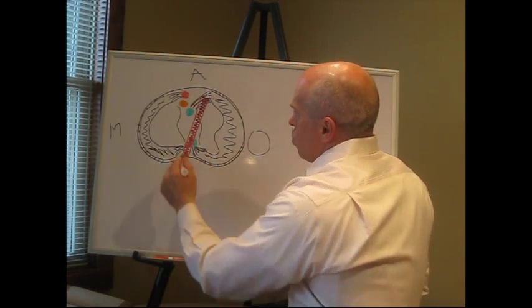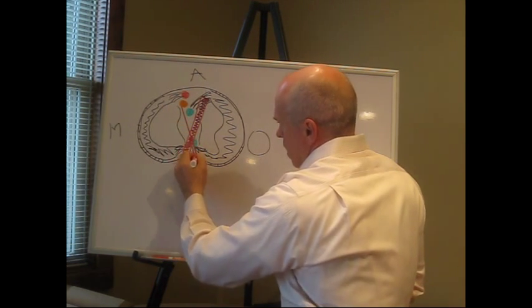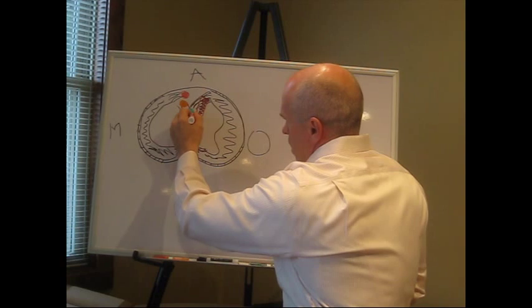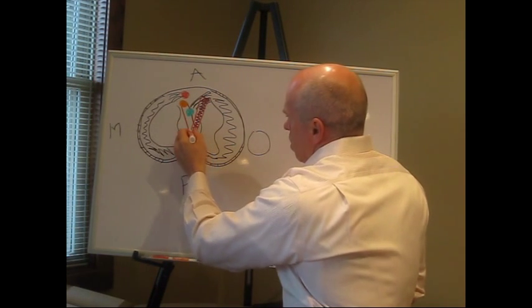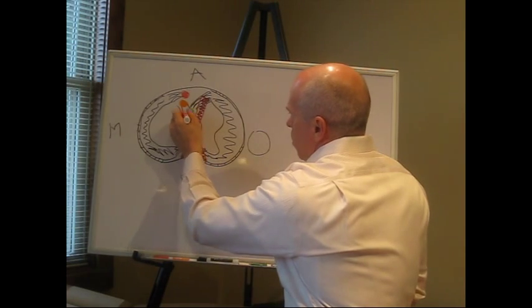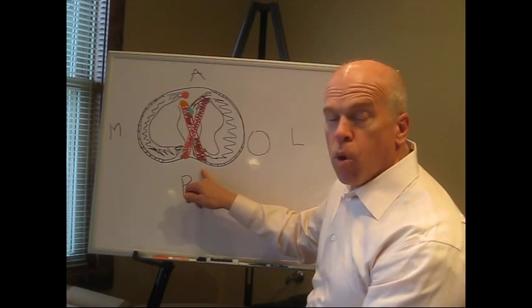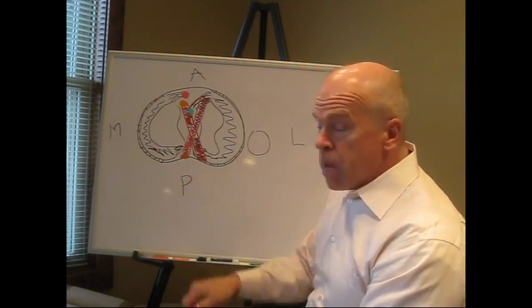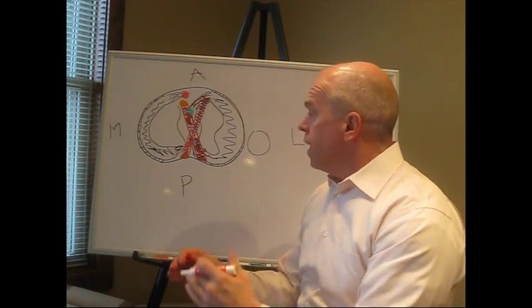The anterior cruciate ligament proceeds superiorly, posteriorly, and laterally to attach on the posterior aspect of the lateral femoral condyle. They both attach laterally, and they both proceed laterally.